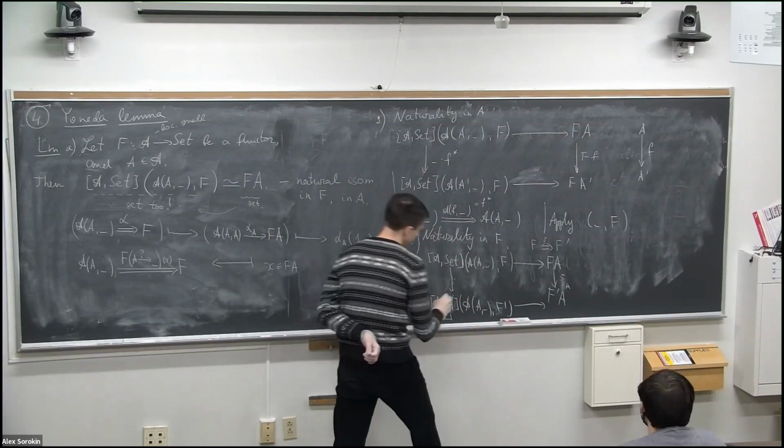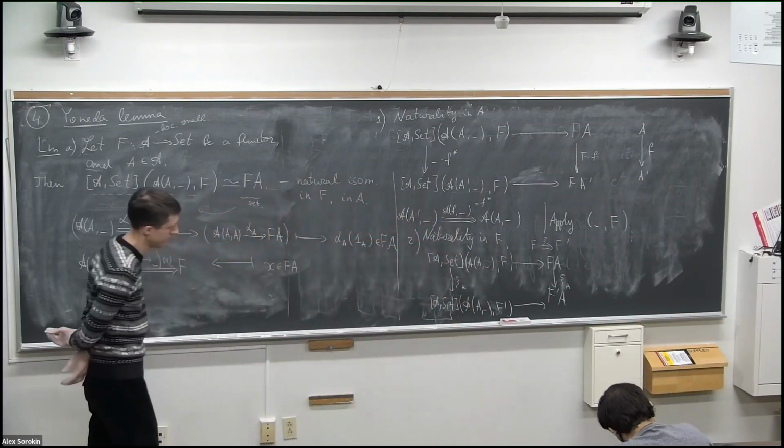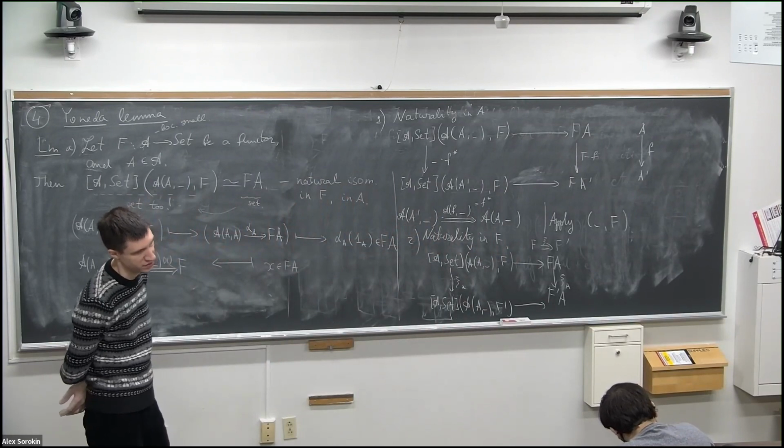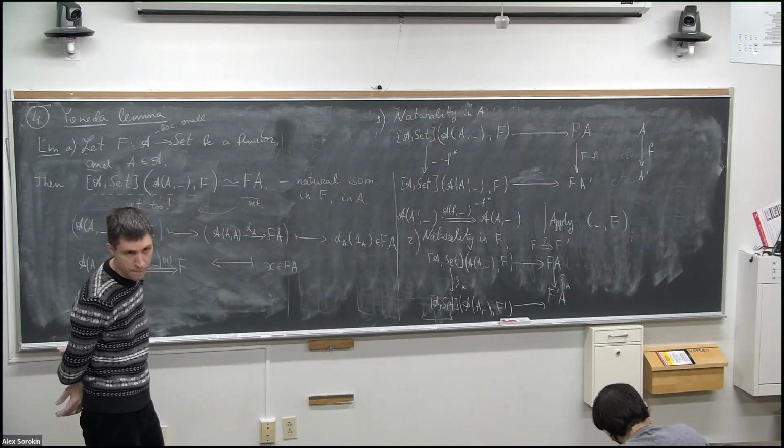It's a lower star, with multiplication by xi on the left, if you will be composing. Okay. That's naturality now.